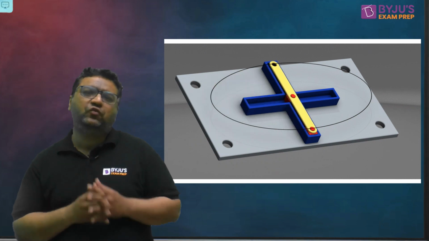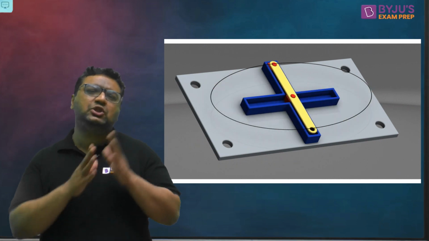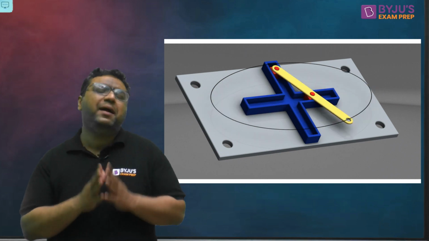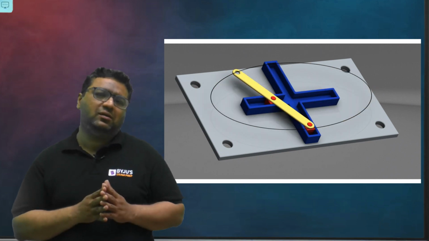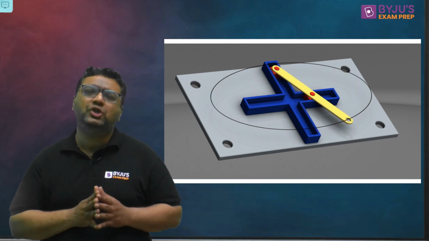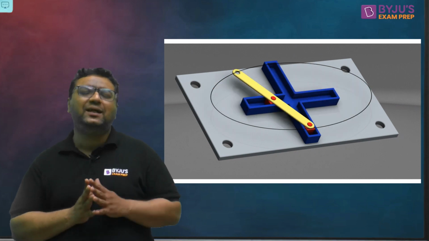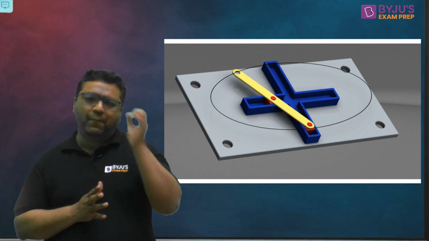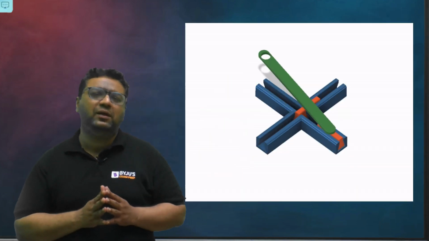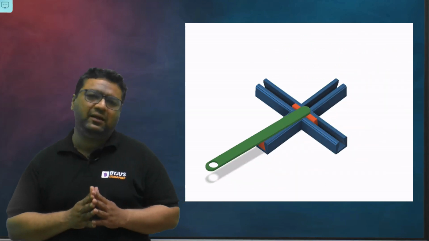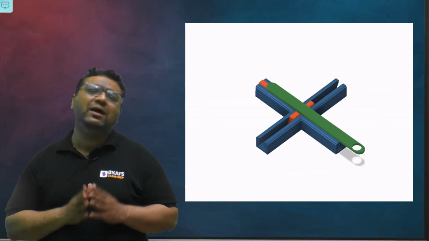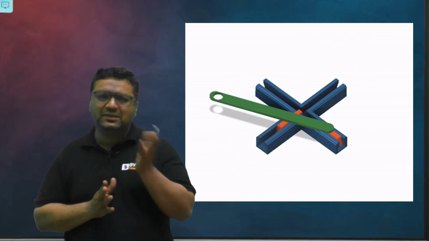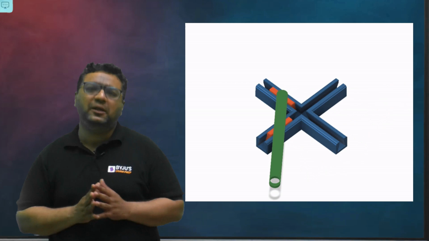First of all, we will fix the slotted plate. Then, if you give motion to one of the sliders, the other slider will move, and any point of the coupler, if you keep a pencil or pen there, will make an ellipse. That is why this inversion is said to be the elliptical trammel.